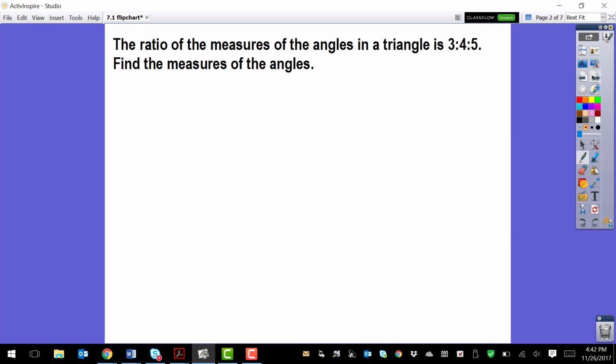So the way that we could use this is, let's say I told you the ratio of the measures of the angles in a triangle, because there are 3 angles in a triangle, is 3 to 4 to 5. Well, if I take the numbers out of this ratio and stick an x on them, that means one of my angles is going to be 3x, one of my angles is going to be 4x, and the third angle is going to be 5x.